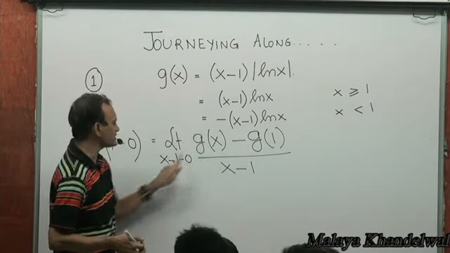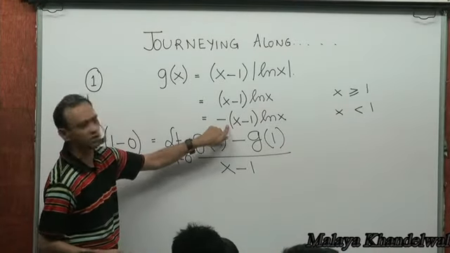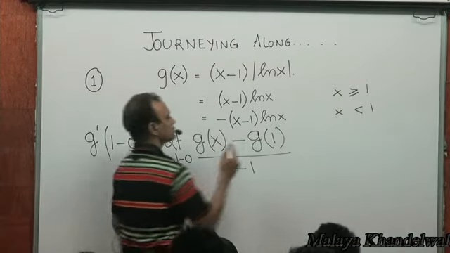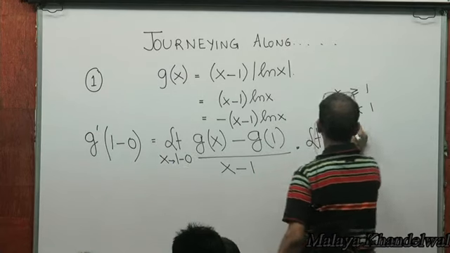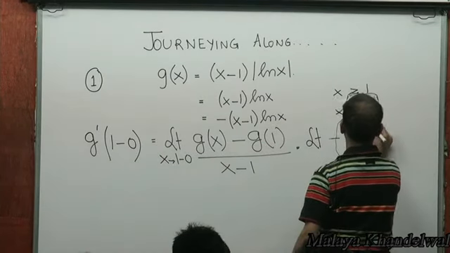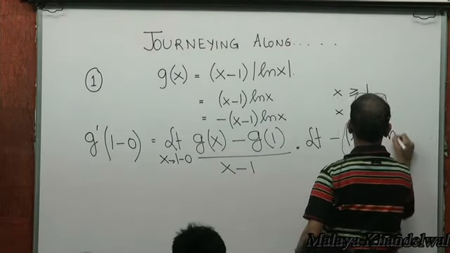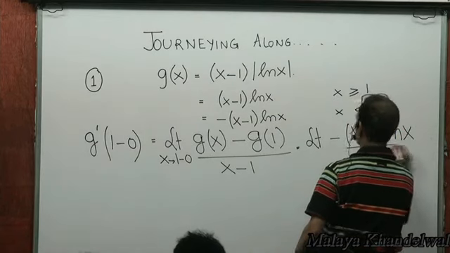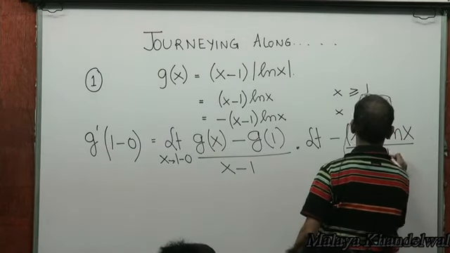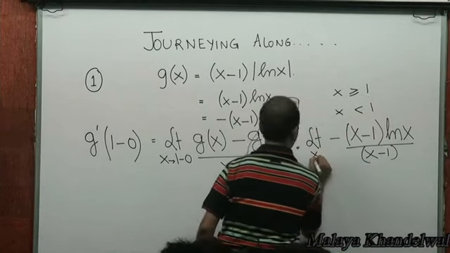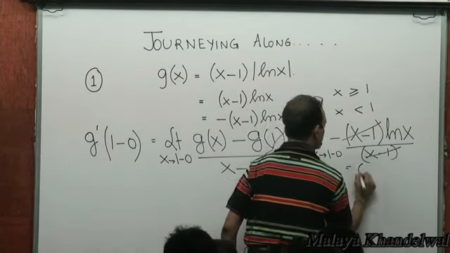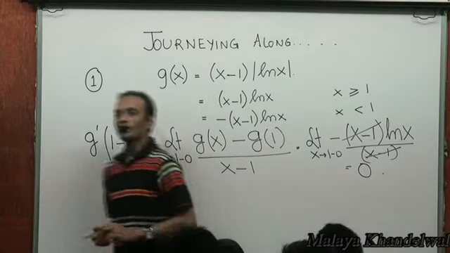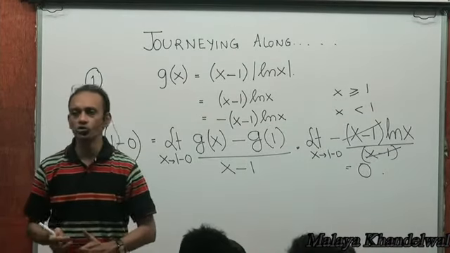As x is slightly less than 1, the description of g(x) is this, right? So this is limit of minus (x minus 1) ln x by (x minus 1) as x tends to 1 from the less than 1 side. That's also going to be 0. So the left hand derivative at x equal to 1 is also 0.